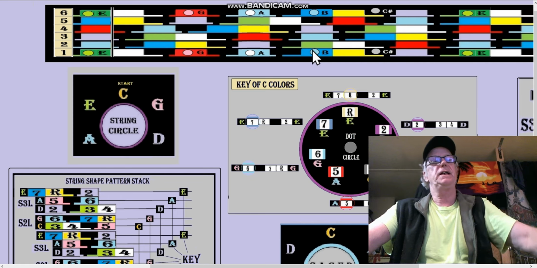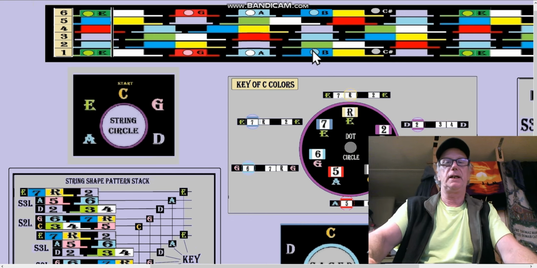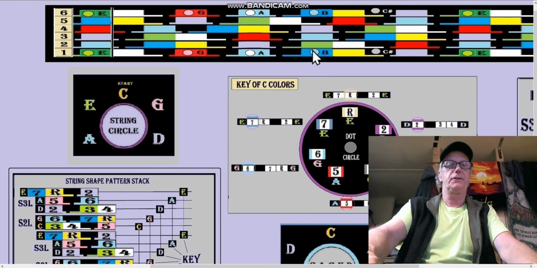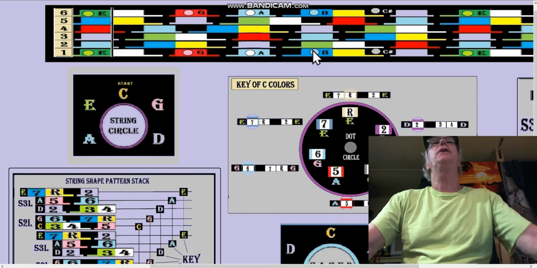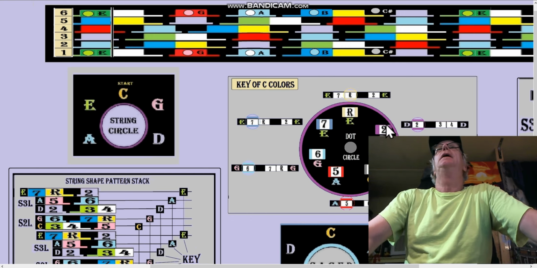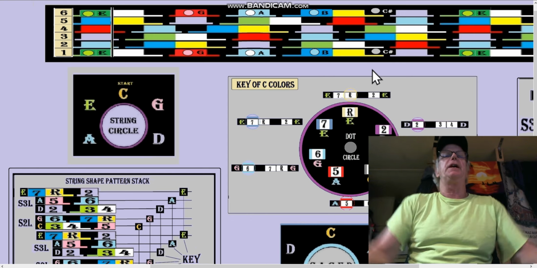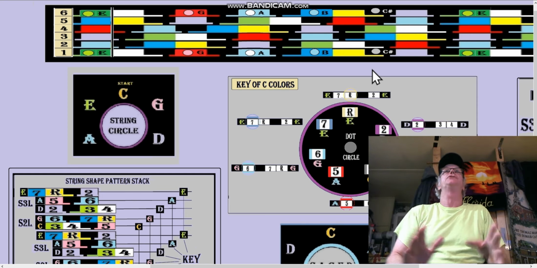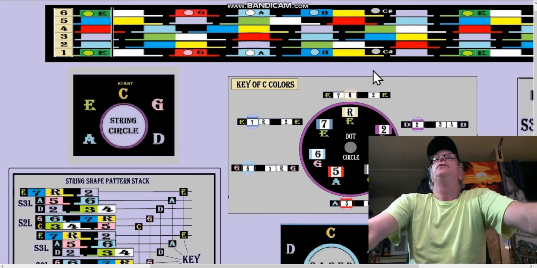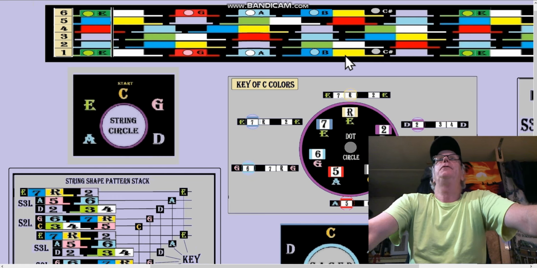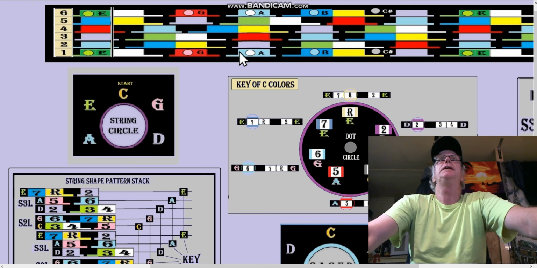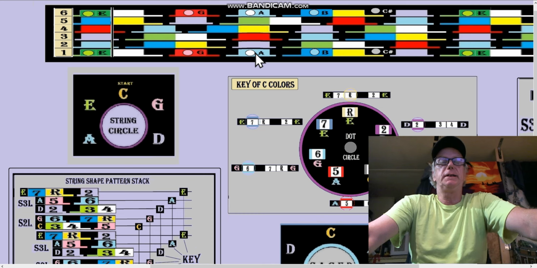CAGED goes in half steps, half fifths. Sorry I messed that up. Remember, in CAGED you're doing the sharing of notes. So if you have, let's say, the A shape here in CAGED in C, and you want to go to the next CAGED shape up, A in CAGED goes to G, right?